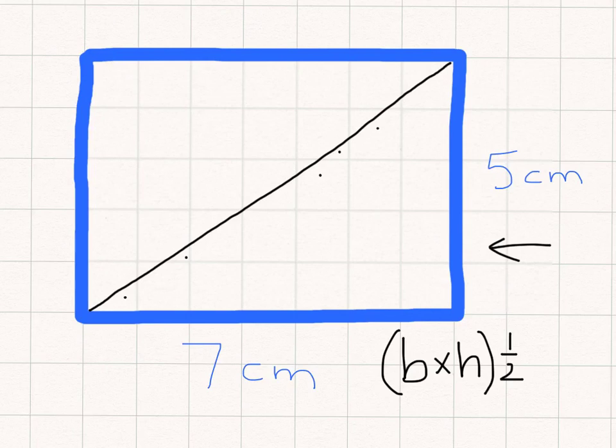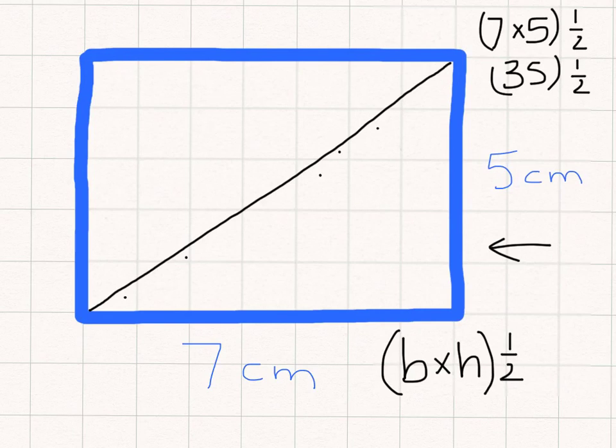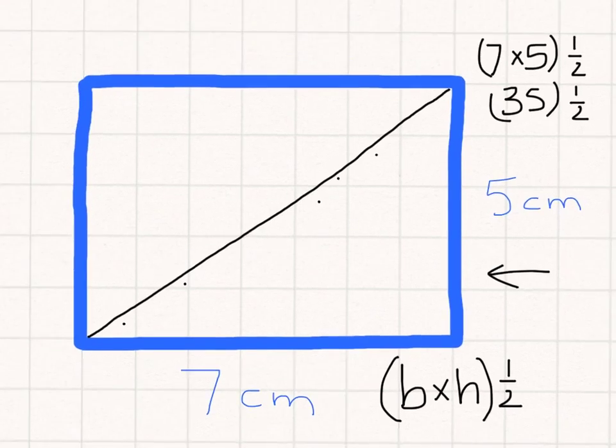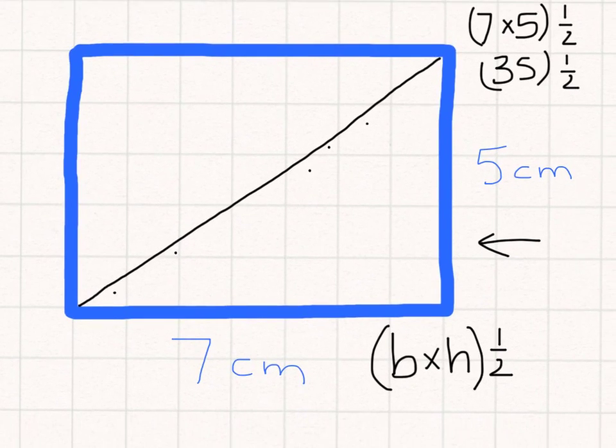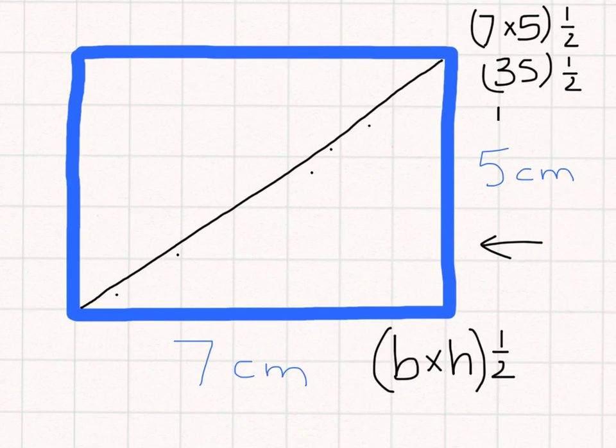Let's check this out. 7 times 5 times half. 35 times half, or divided by 2, would be 17 and 5/10 centimeters cubed. We cannot forget that cubed is part of our answer.